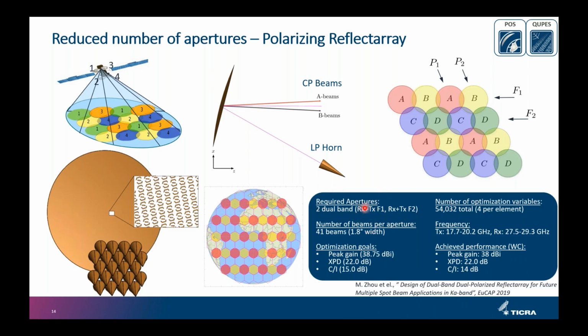One of them covers frequency 1 in both receive and transmit, and the other one frequency 2 in receive and transmit. And then we optimize our system here. It has more than 54,000 unknowns across the surface, 4 per element. So that's the rotation and dimensions of these elements that we have here.